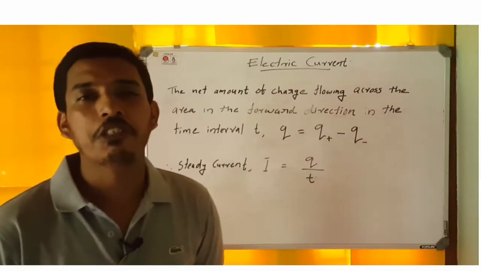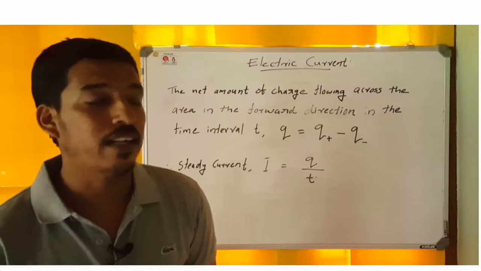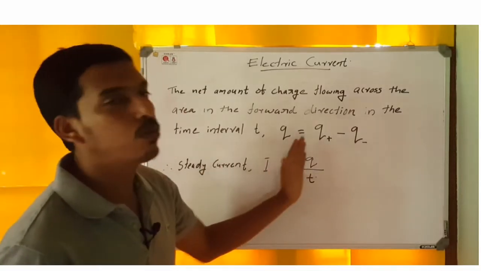If so, the quotient Q by t can be defined as the electric current, and that can be written as steady current I is equal to Q by t.